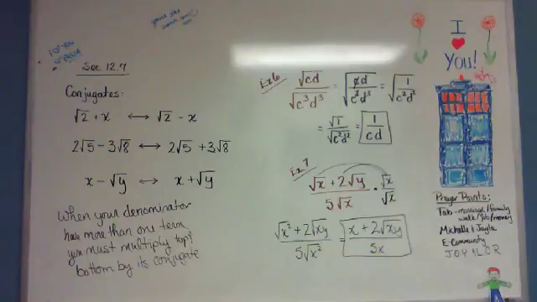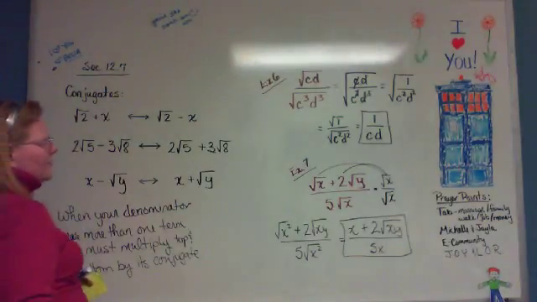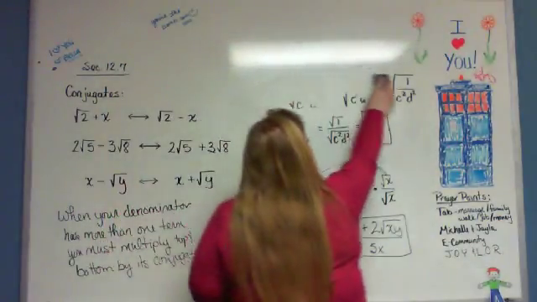So whenever you have a denominator that has more than one term, then you have to multiply the top and the bottom by the conjugate of the denominator. So let's look at a couple.